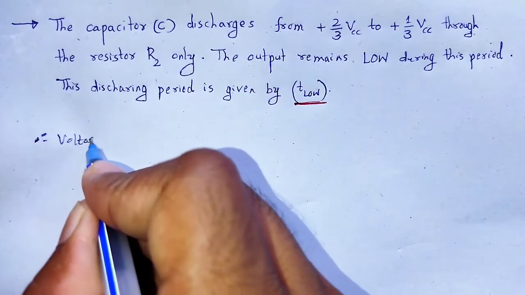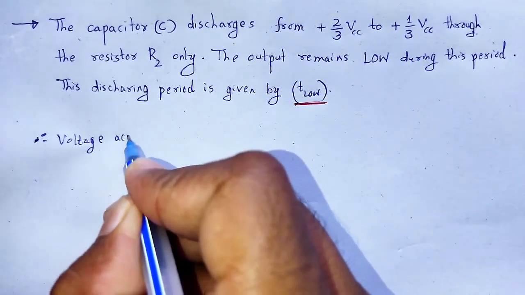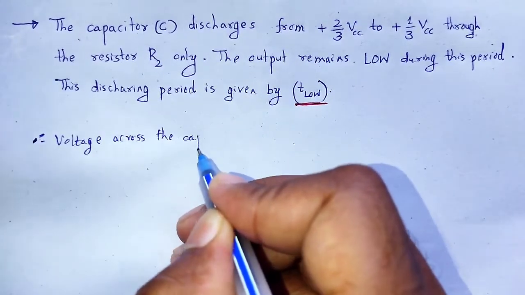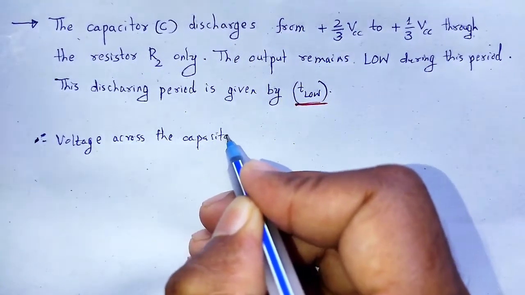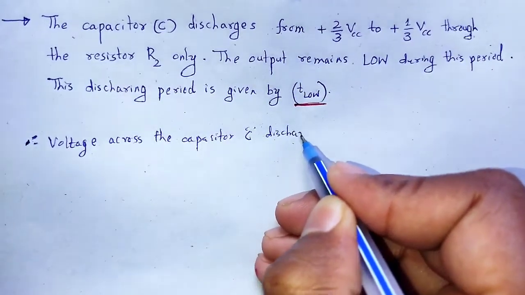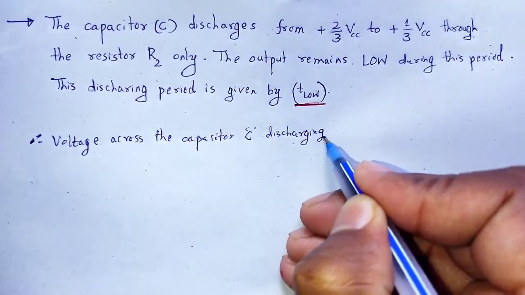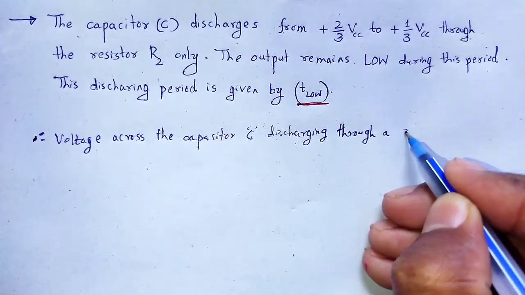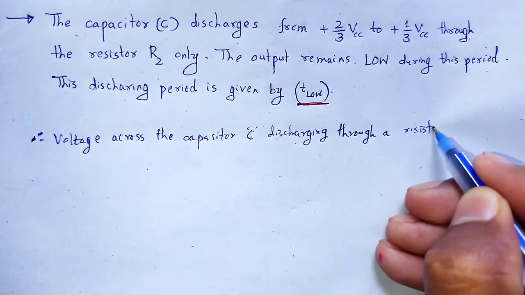the voltage across the capacitor C discharging through a resistor.